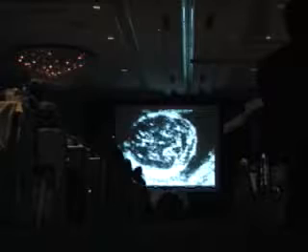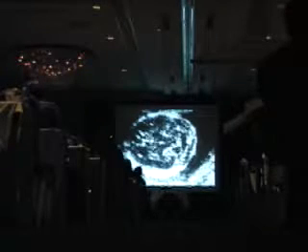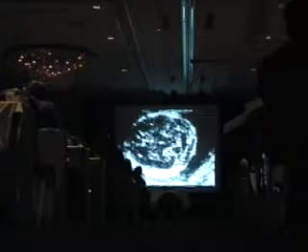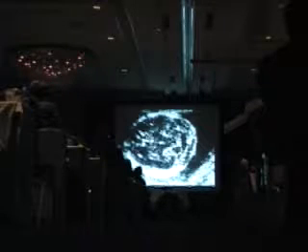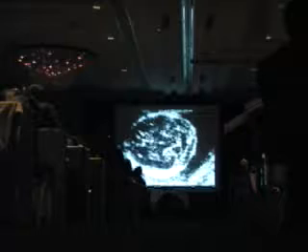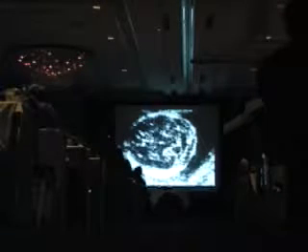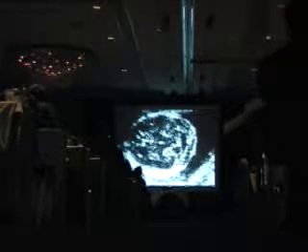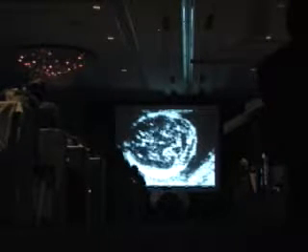Then you can take a look at the posterior fossa, and this is the posterior fossa where you see the hemispheres of the cerebellum right here. You can see the triangular-shaped fourth ventricle, which is right there, and the roof of it is the vermis of the cerebellum, which is that bright echogenic area that bridges the two cerebellar hemispheres.